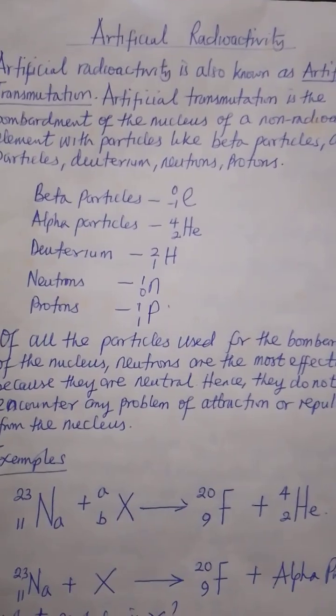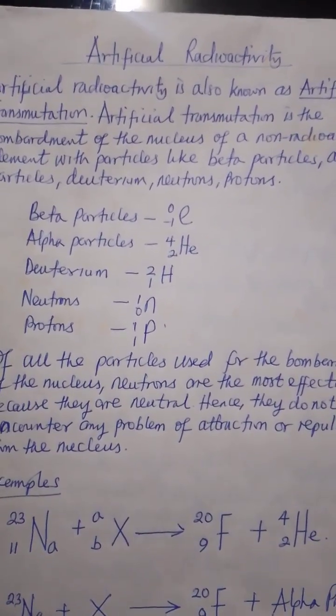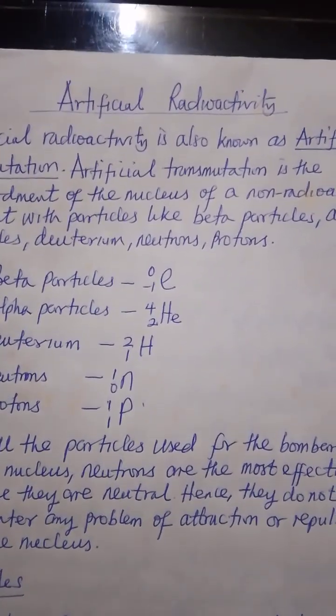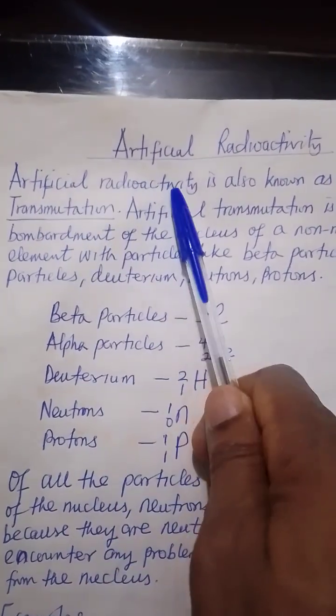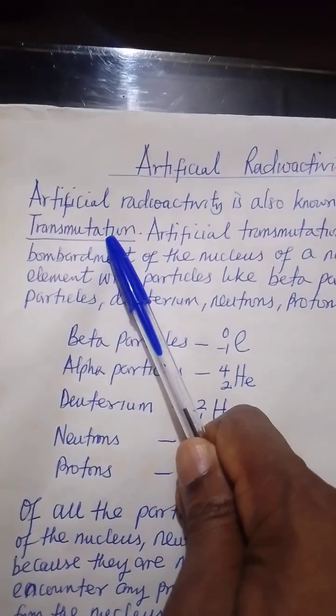Today's lecture will still be on radioactivity, part 9. Today we'll be looking at artificial radioactivity, also known as artificial transmutation.